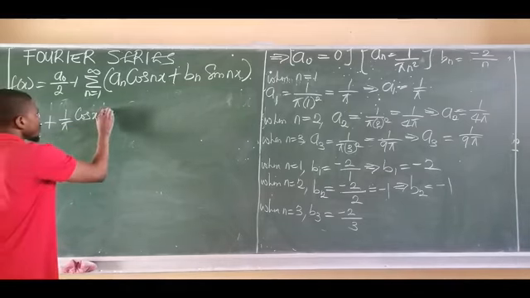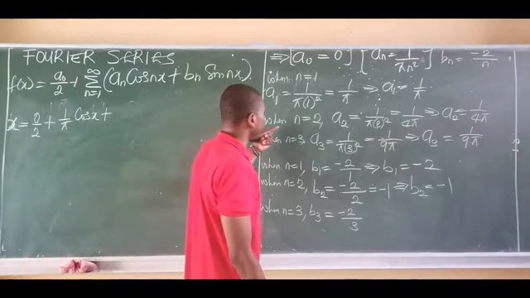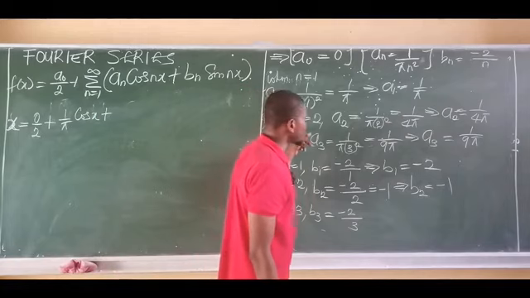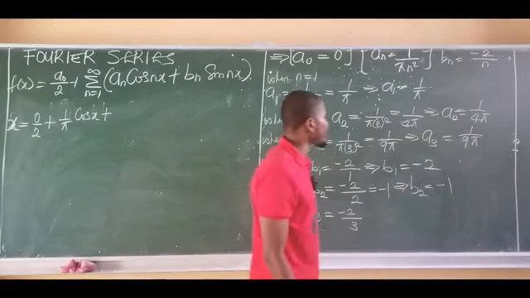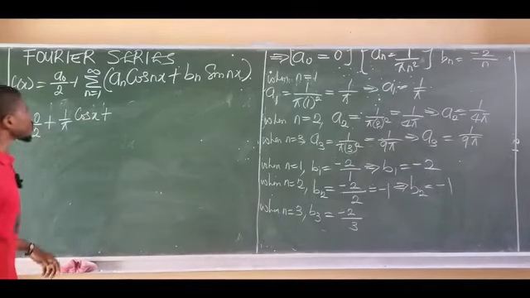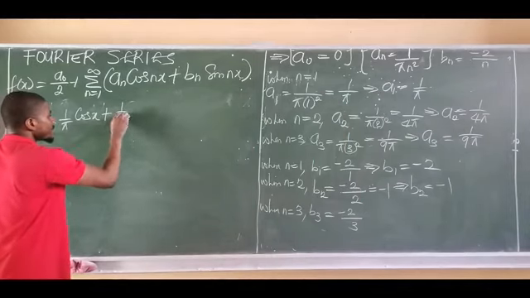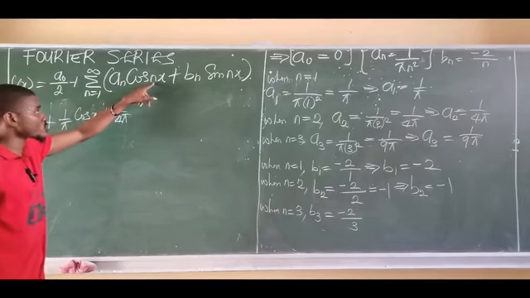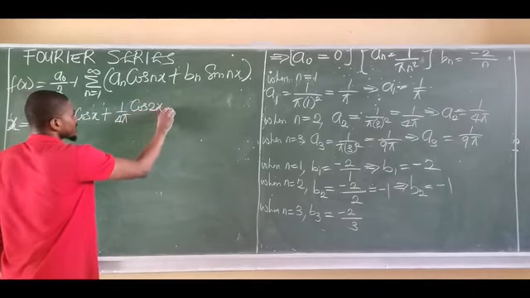Plus, again, when n is equal to 2, a2 gave us 1 all over 4 pi, so this becomes 1 divided by 4 pi, cos 2x.